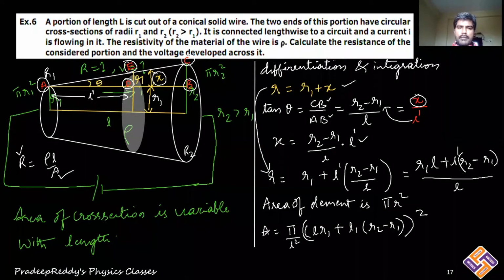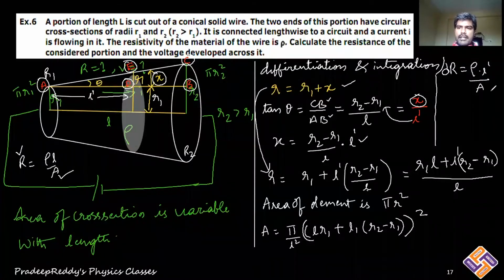And this elemental area we have got. Now I want to find out the resistance of the conductor. What is the formula for resistance of the conductor? Resistance of the very small element, dr, is equal to rho, and the length is L dash, divided by the area of cross section, A. So we have already calculated the area.